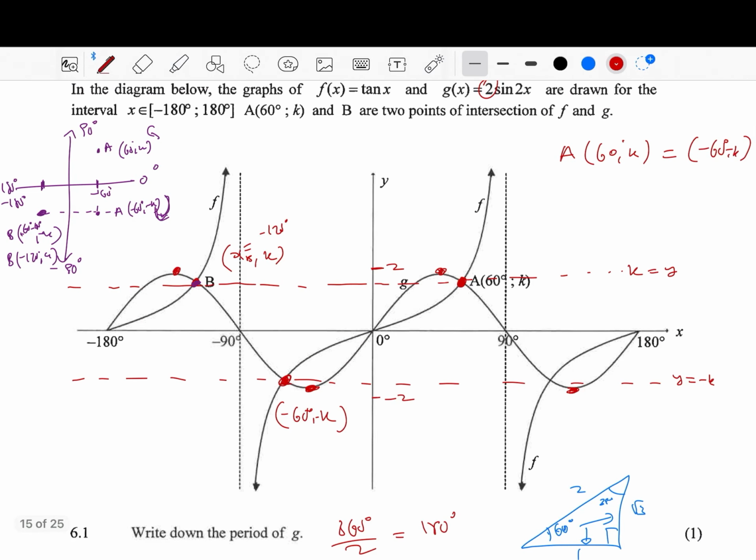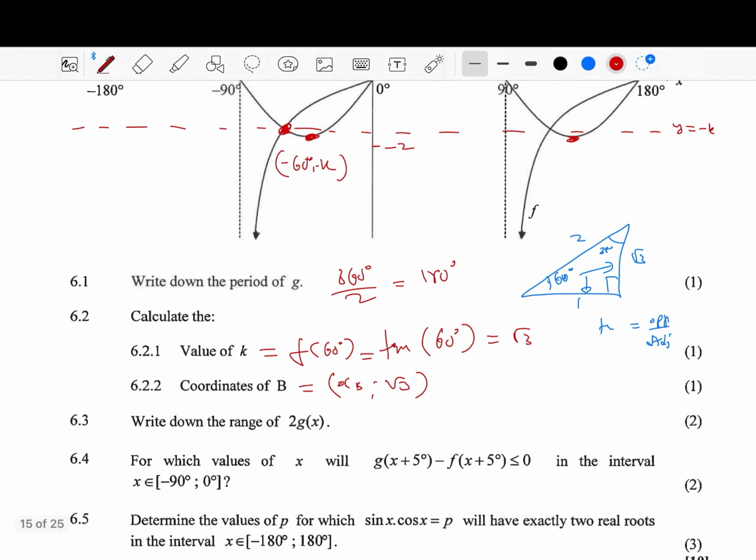But we just calculated that this x value of B is negative 120. Why is it negative 120? Because it's the same value as 60 degrees, but in the third quadrant moving in a clockwise direction. So it's going to be negative 60 degrees.